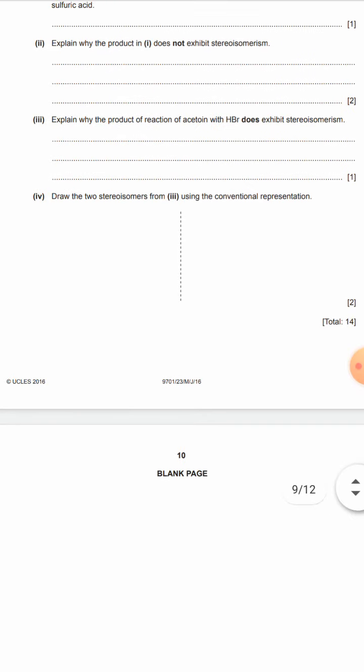Now what was the next question? Explain why the product of the reaction of acetone with HBr does exhibit cis-trans isomer. So acetone reacting with HBr.